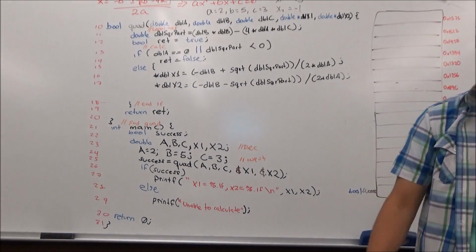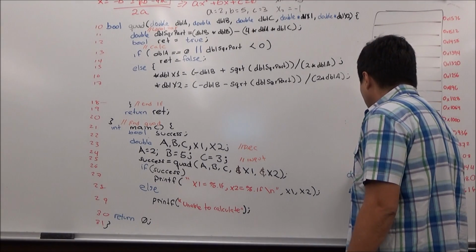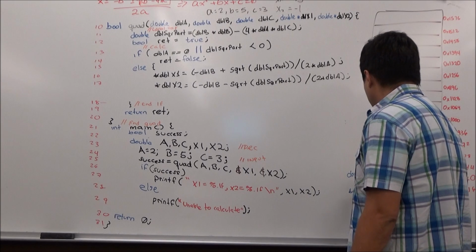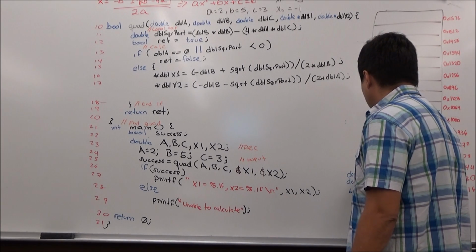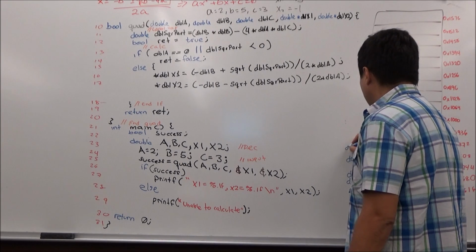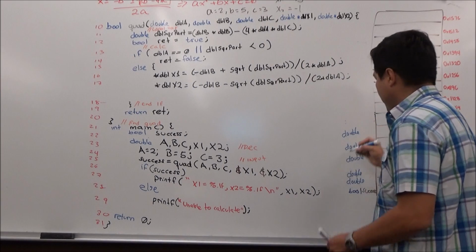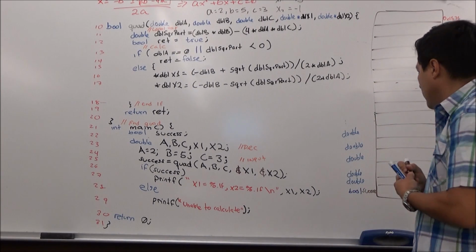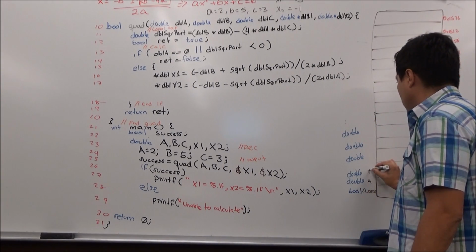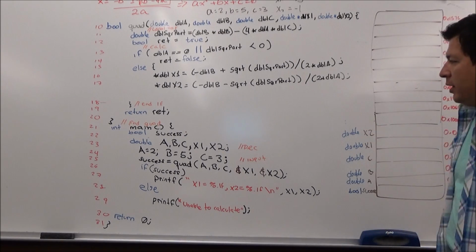So line 23 says declare 5 doubles. So I do double 1, 2, 3, 4, 5. So it goes A, B, C, X1, X2. That's what I declare here.